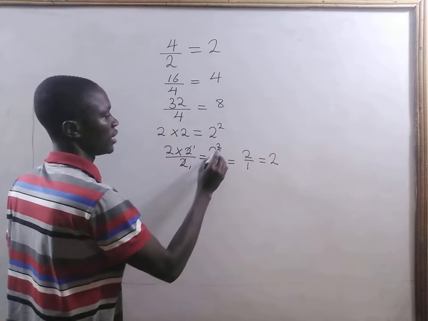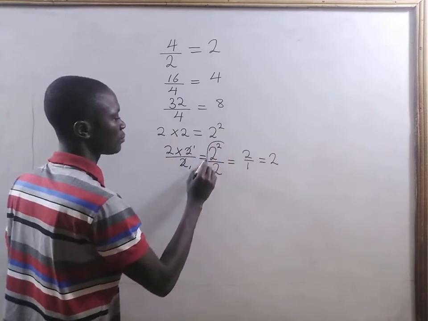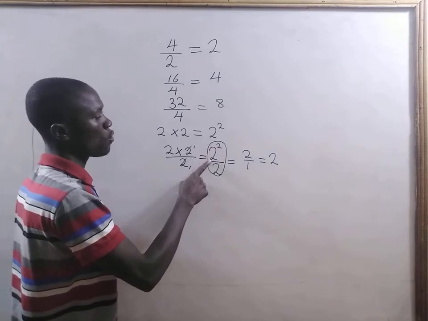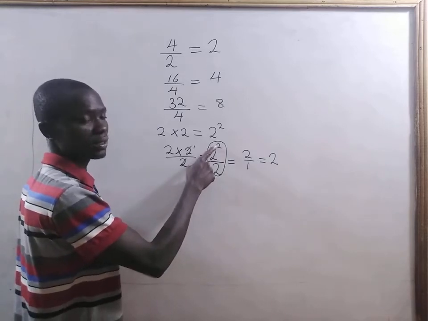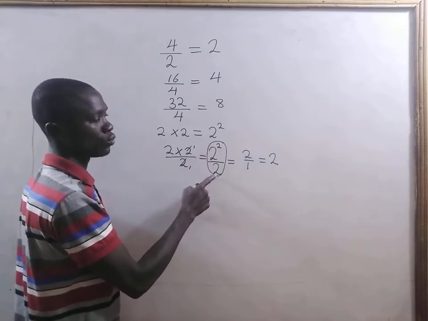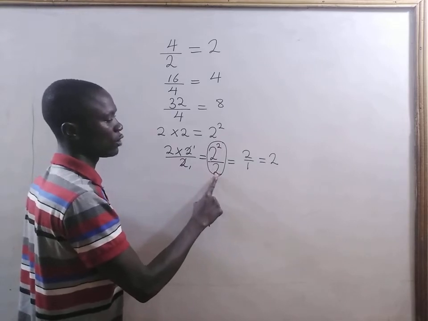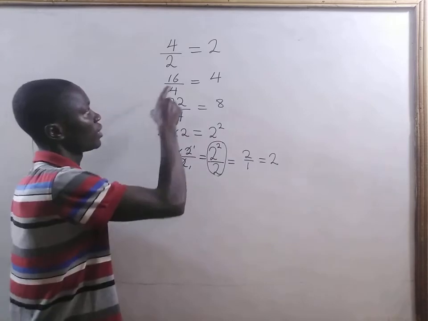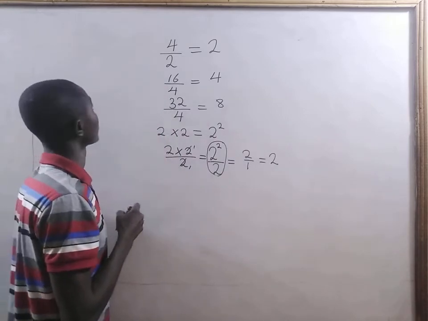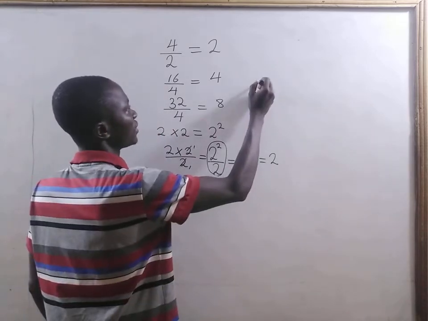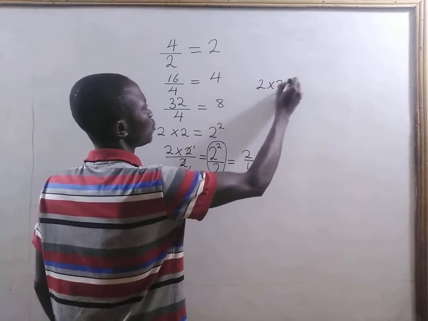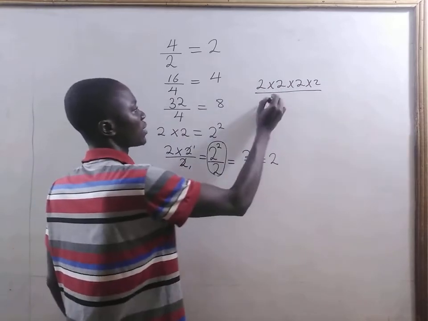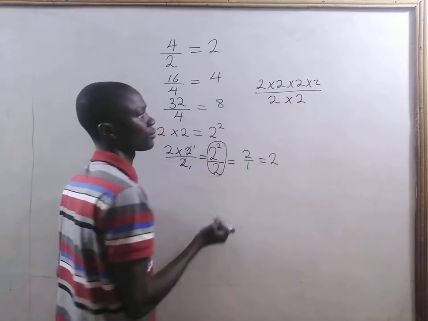Now, if we consider this part, we have 2 multiplying itself 2 times, and we are going to divide it by 2. So it means that one of the 2 will cancel one of the 2 away, and that is what we've done here. Let's go to the second part. We have 16 as 2 times 2 times 2 times 2, divided by 4 as 2 times 2.